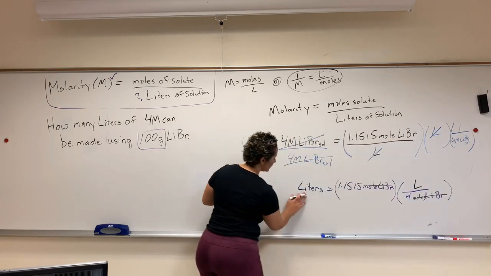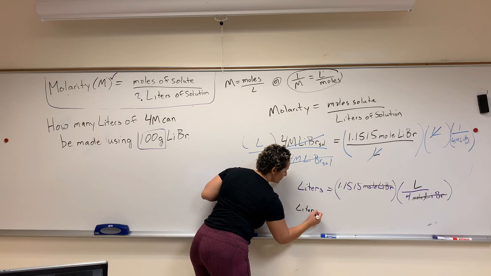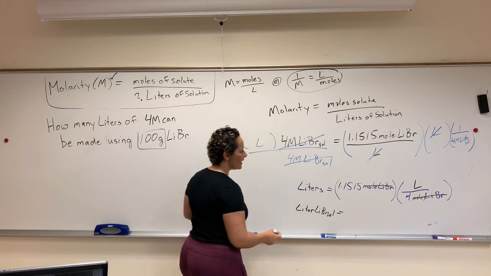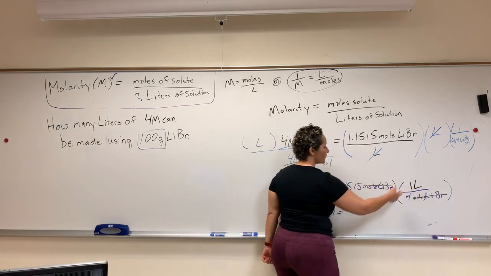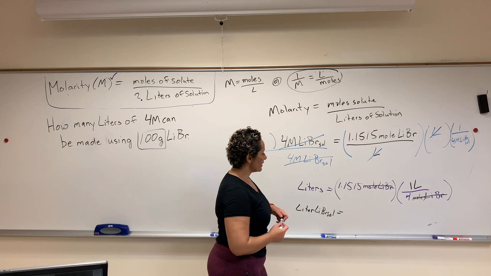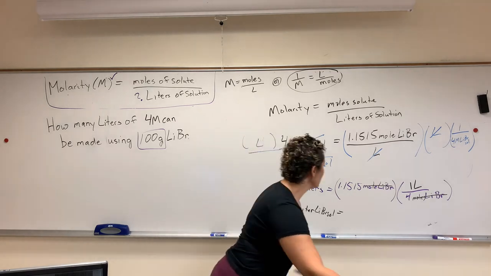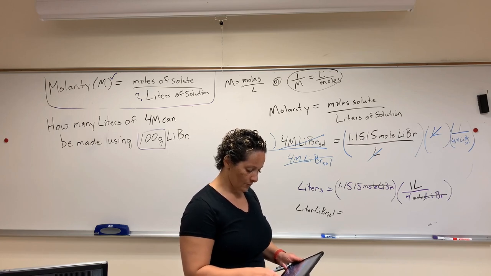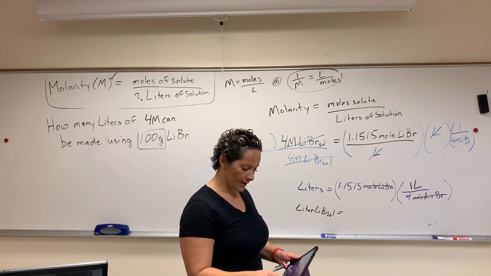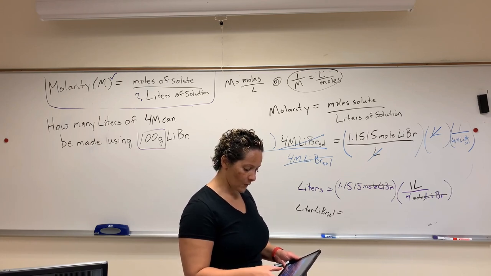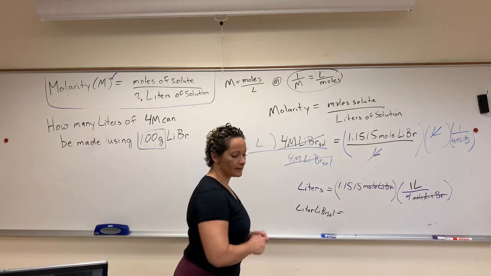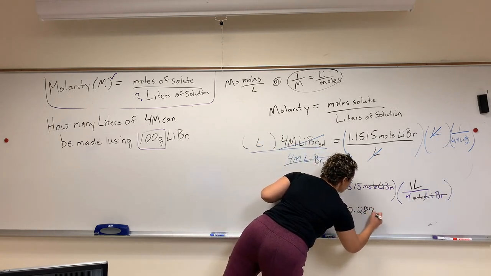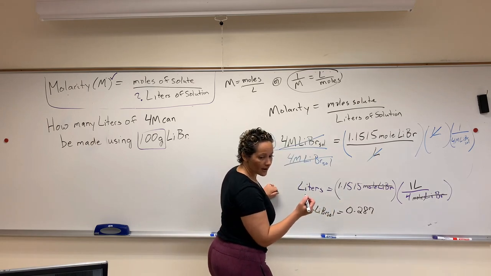That's all you're looking for. So do your calculation. Liters LiBr solution equals 1.15, and then by the way, this is a 1 liter divided by 4. So do your calculation. 1.1515 times 1 divided by 4 equals 0.2878. 0.2875 or 87.